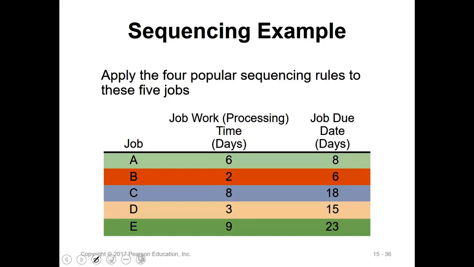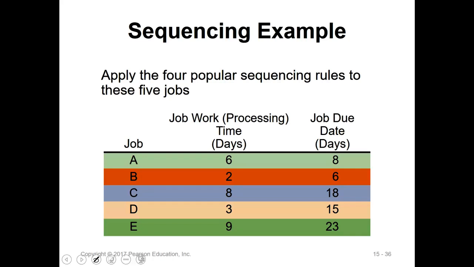But also, when these jobs are listed, we are given the due time. So A will be due in 8 days. B will be due in 6 days. And C, D, E will be due in 18, 15, 20, 23 days.